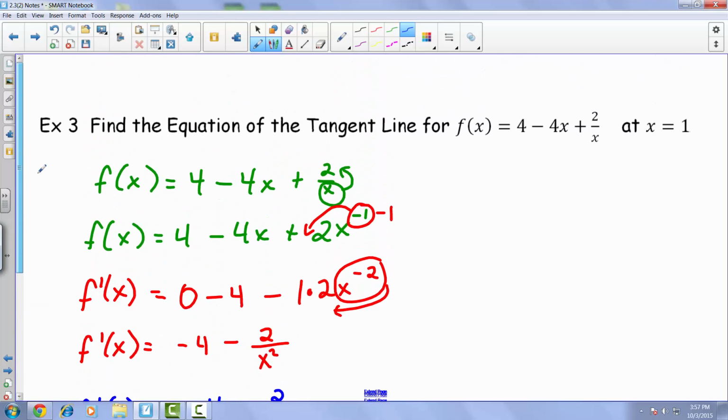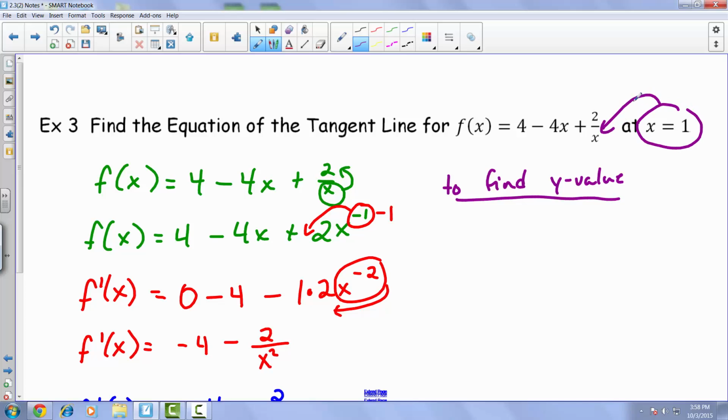Now we have our target x value, but we also need our target y value to construct the equation of the line. So to find the y value, we're going to take our target x and throw it anywhere that we see an x in the function. So f of 1, in other words, just throwing 1 into the function, is equal to 4 minus 4 times 1 plus 2 over 1.